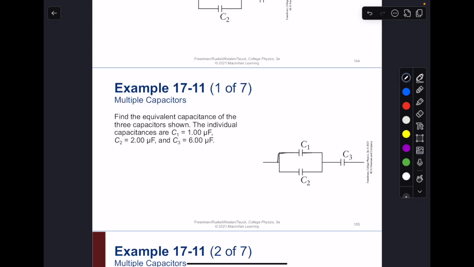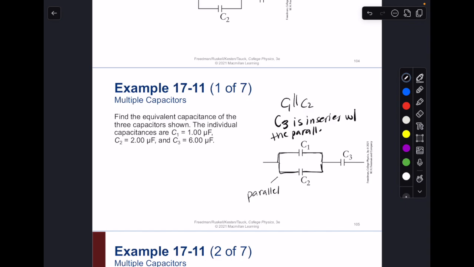C1 and C2, how are they connected? They are connected in parallel. Okay, so C1 is parallel to C2. What about C3? How is C3 involved in all this? Well, C3 is in series with the parallel arrangement of C1 and C2.